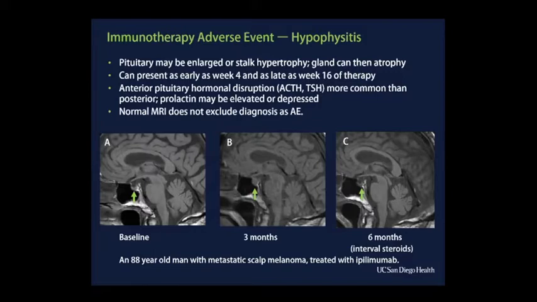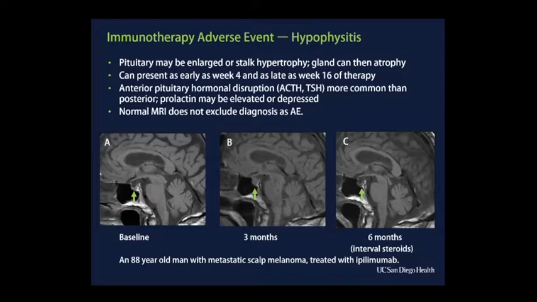So here's hypophysitis. There's 3 images here that are sagittal T1 brain MRIs. This is an 88-year-old man imaged prior to and then 3 months after initiation of immunotherapy for his metastatic scalp melanoma. And I didn't show a sella MRI on purpose because no one was suspecting immunotherapy-related adverse events. This is what you get.